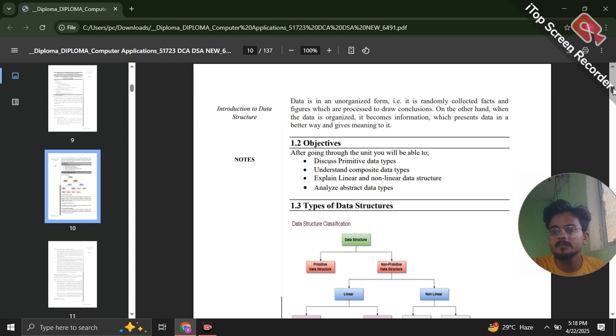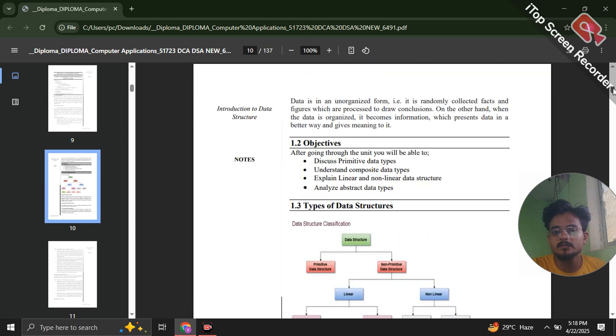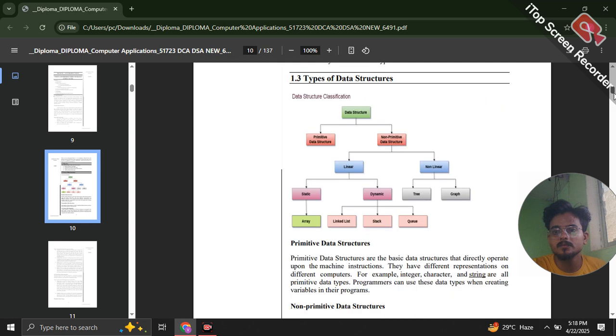Okay. And linear and non-linear, and you can write these things in your copy, and if you find this helpful, then you can note down.